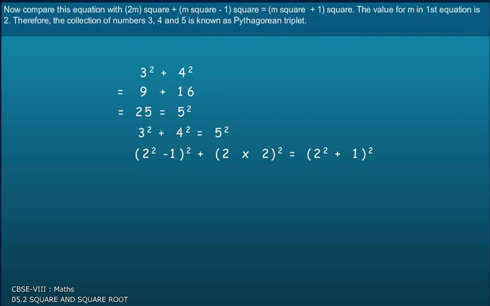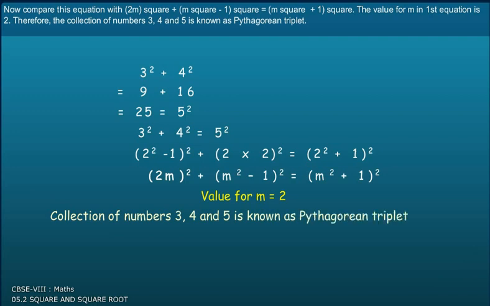Now compare this equation with (2m) the whole square plus (m square minus 1) the whole square. It gives (m square plus 1) the whole square. The value for m in the first equation is 2. Therefore, the collection of numbers 3, 4 and 5 is known as a Pythagorean triplet.